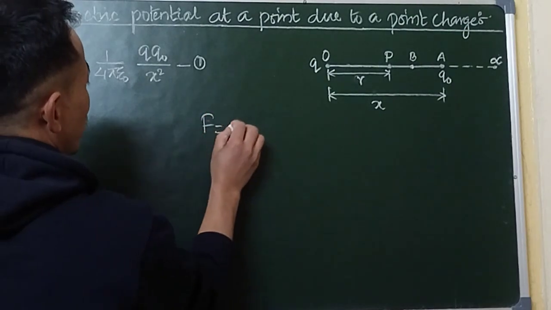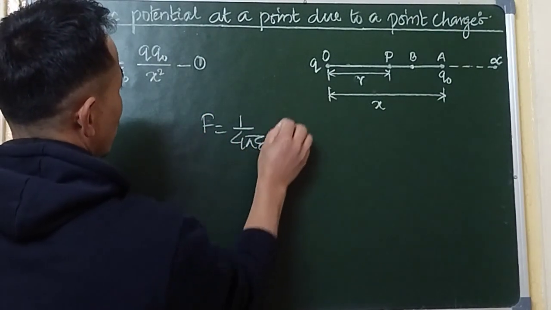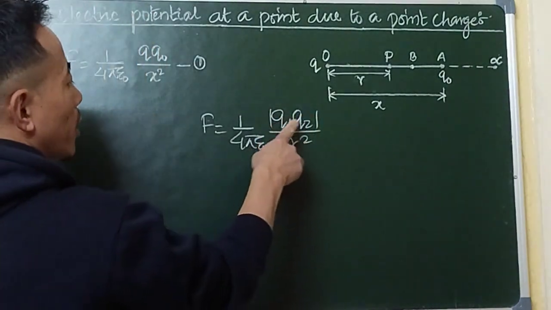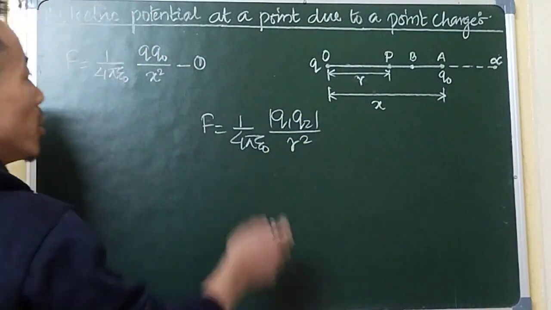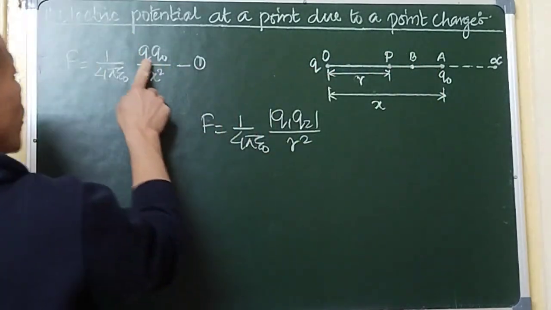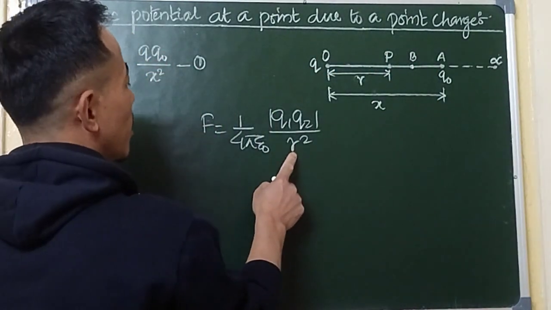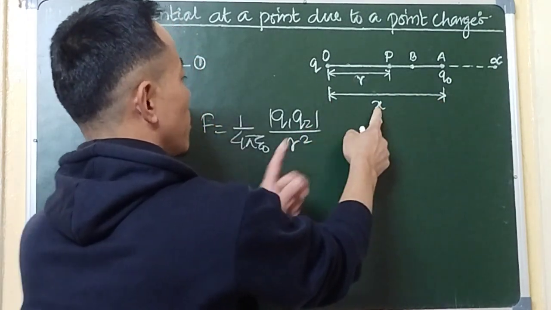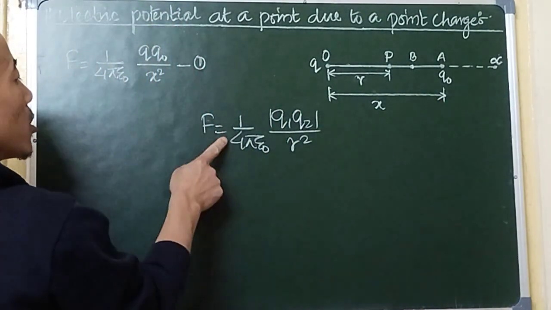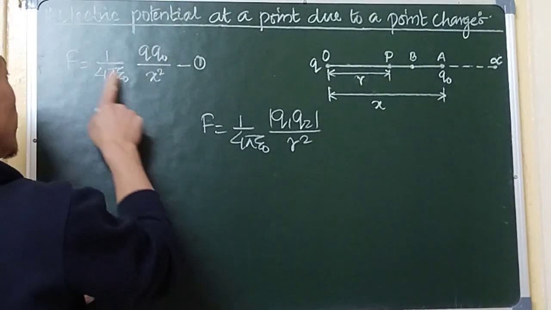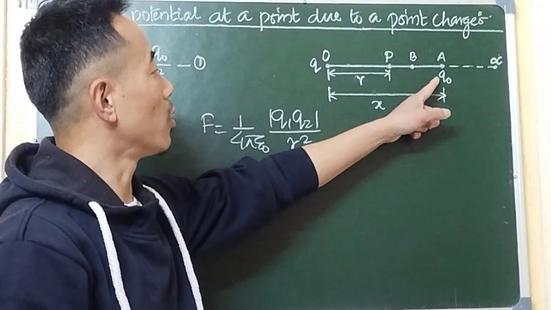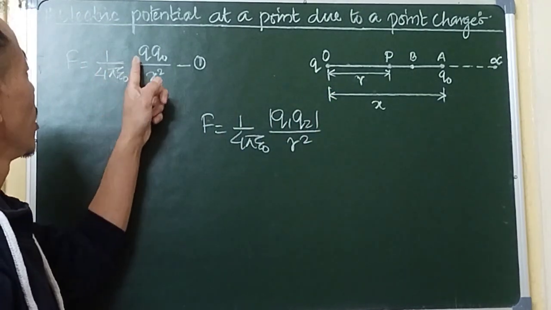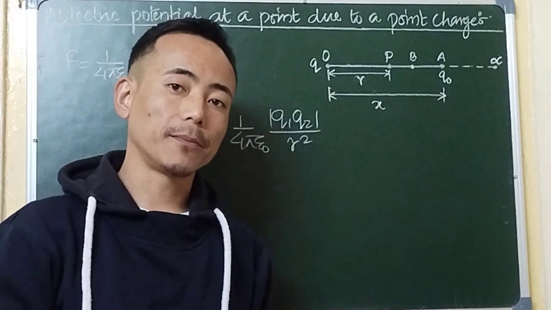It is given by F equals 1 by 4 pi epsilon naught Q1 Q2 divided by R square, where Q1 and Q2 are the two charges. So here the two charges are Q and Q0. Therefore we have written Q and Q0 here, and R represents the distance. Initially the distance between the point A and O is x. So therefore we have written x square here. So following this equation, the expression for force on charge Q0 due to this charge Q at O will be F equals 1 by 4 pi epsilon naught Q Q0 divided by x squared.